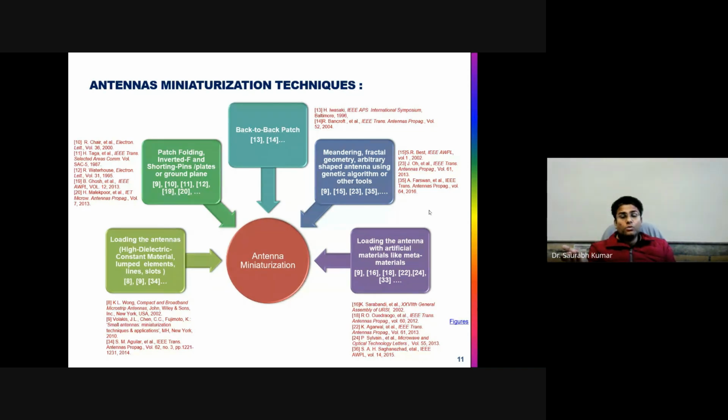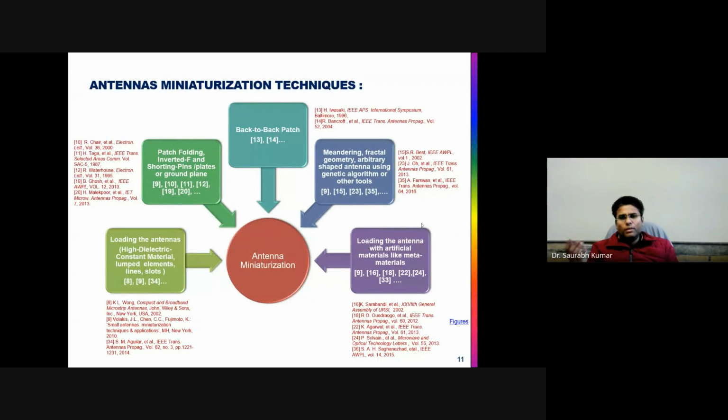In some techniques, you can have a reduction in the velocity of propagation of the wave, means slow wave creation, and with that slow wave creation you can shift your antenna resonance to a lower frequency.